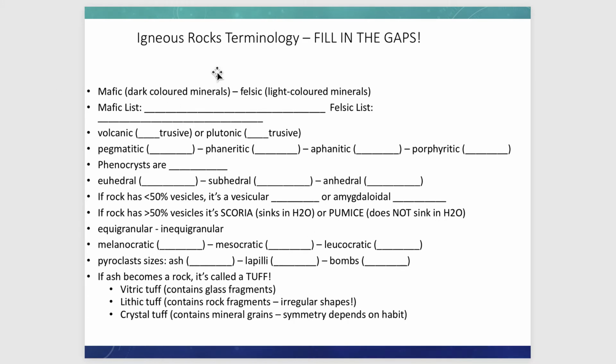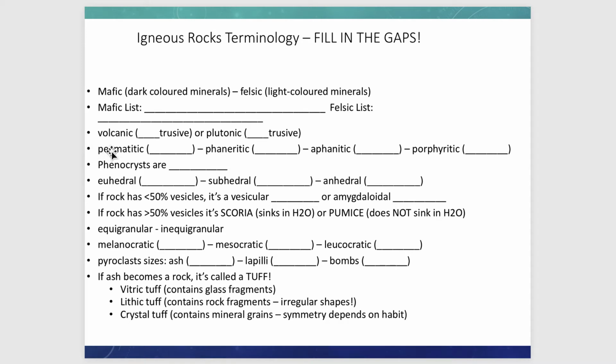So just a question of filling in these parts with the minerals that are mafic and felsic, and then look at terminology to describe volcanic and plutonic rocks, and then we have several terms that describe exactly what I was mentioning. So the appearance, so you will have to fill it in with rocks that actually match.